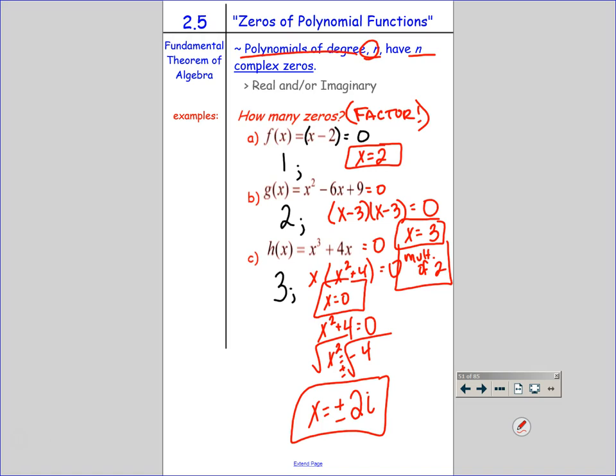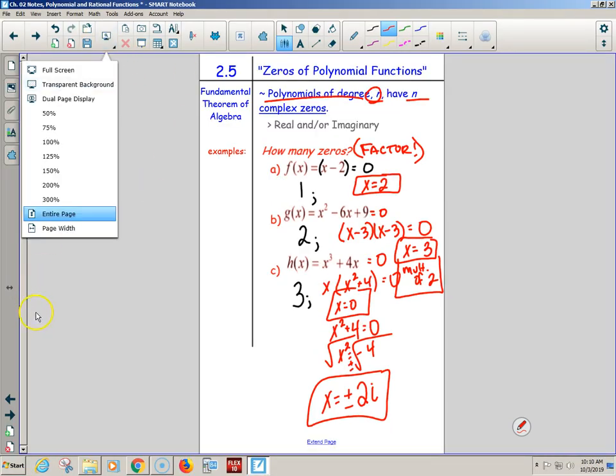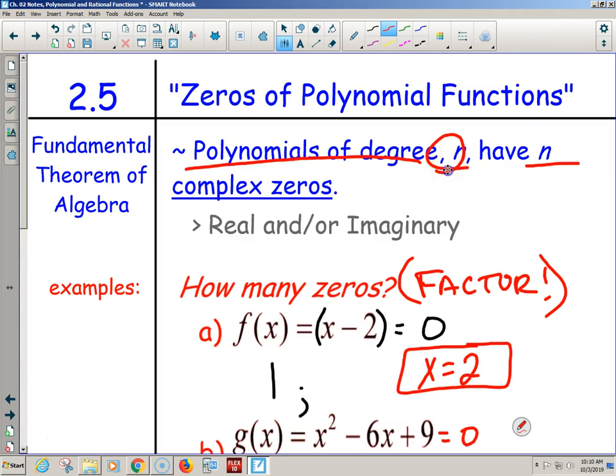So what do we need to keep in mind when thinking about the fundamental theorem of algebra? Just because every polynomial will have n complex zeros, what does that not mean? It will have n zeros, but what are we not going to see?